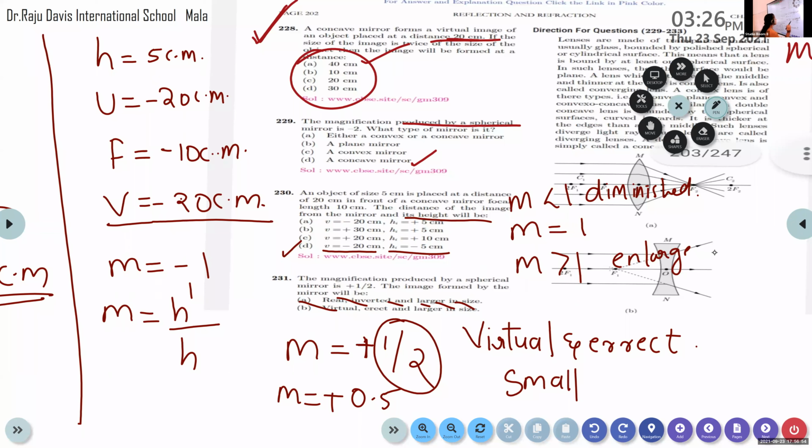So here the magnification produced by a spherical mirror is plus half. Plus indicates the nature of the image, virtual and erect, and this half indicates the size of the image. It is 0.5, which is less than 1, so diminished or small in size. Okay. So the correct option is virtual and erect, small size.